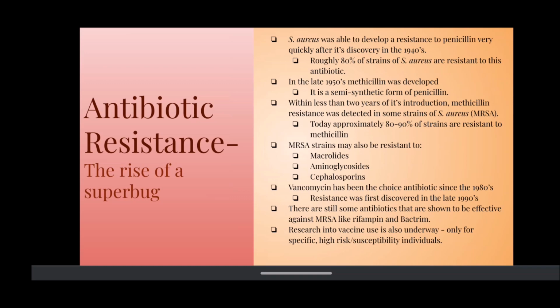There are still some antibiotics that are shown to be effective against MRSA, and those would be things like rifampin and Bactrim. But it's also led to the research into vaccines, which would be used primarily in folks who are high risk or have high susceptibility to getting MRSA infections, which, fun fact, would primarily be folks who are regularly in the hospital for a long amount of time, as that's one of the most common places to pick up a Staph aureus infection, and that is Staphylococcus aureus.